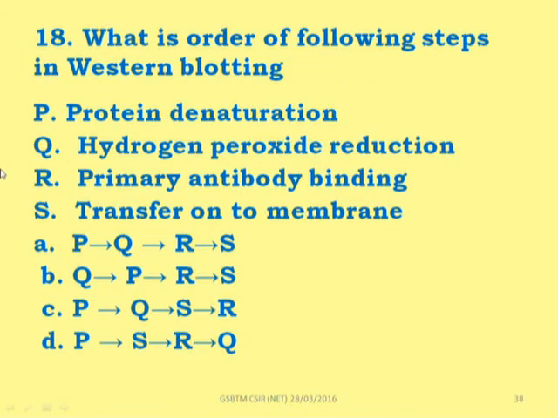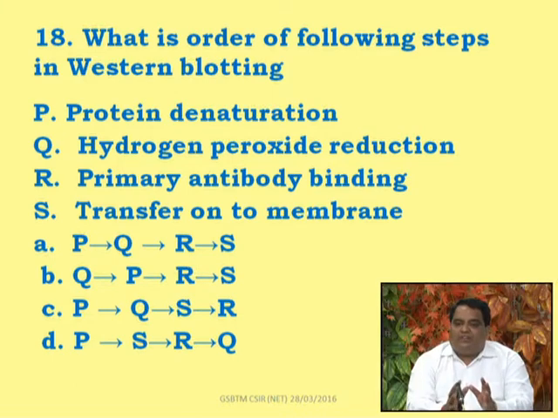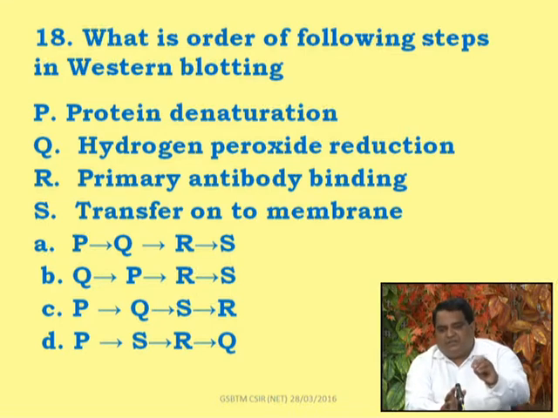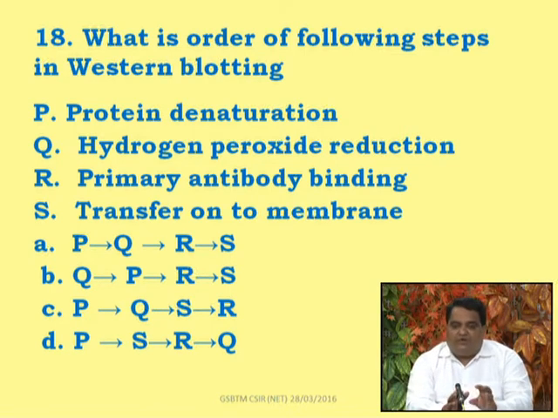Next one. What is the order of the following steps in Western blotting? Western blotting is one of the methods used for the study of proteins, to see whether a specific protein is produced or expressed in a particular cell or not. If we want to confirm this, what should we do? We should isolate protein from the source, separate it through polyacrylamide gel electrophoresis, and transfer it onto a membrane through electroblotting.